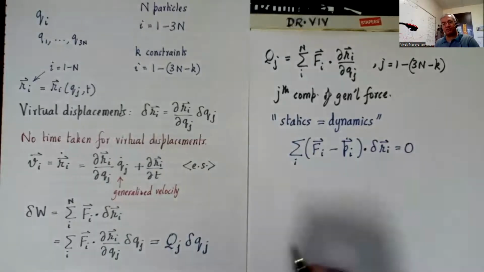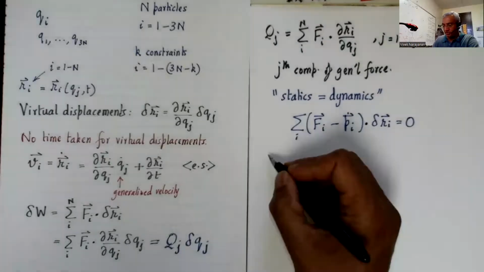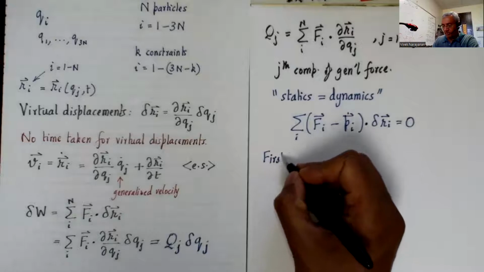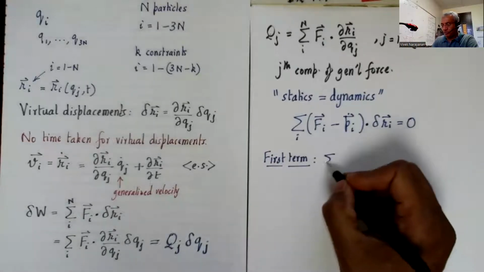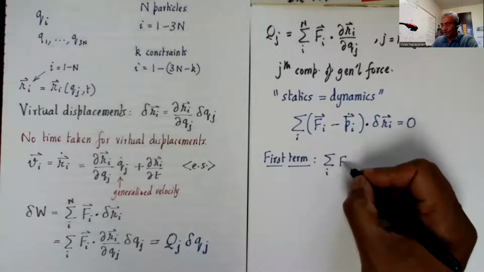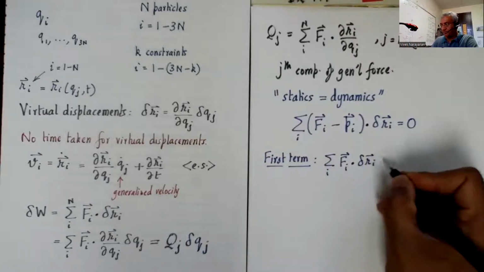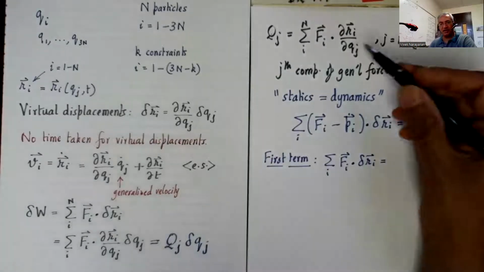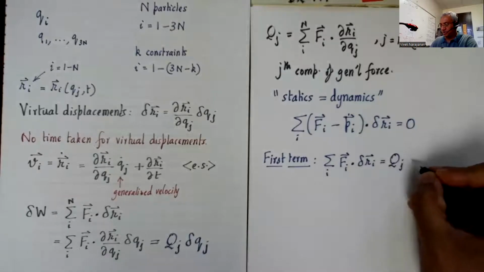We will look at each of the terms, the first term and the second term, and see what we can do with it. So the first term is the sum over all i of Fi dot delta Ri. Well, that, by our very definition, is Qj delta Qj.